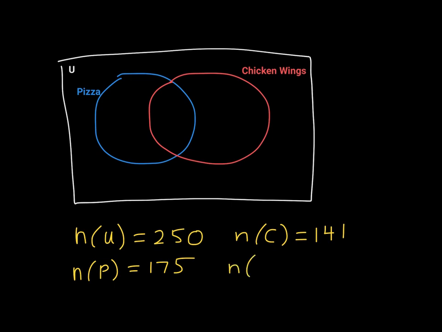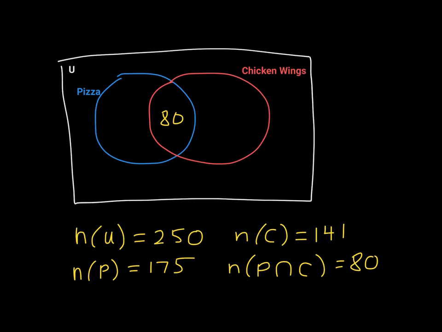So that's the intersection of pizza and chicken wings, right? That means you ordered pizza and chicken wings, and they said that is 80. So 80 customers are right in this region here, the customers that purchased both pizza and chicken wings.